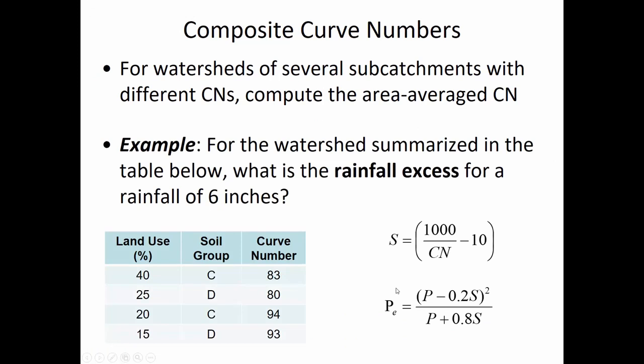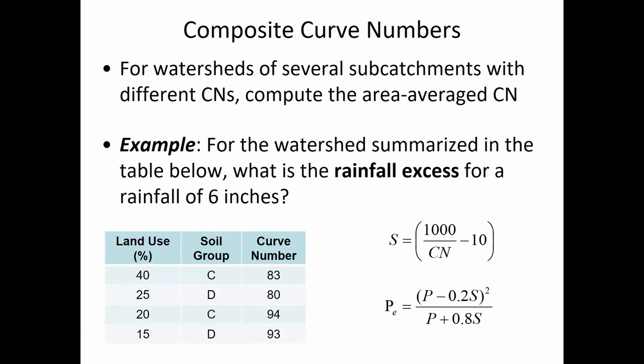Okay, now luckily we can just come up with a simple weighted average to find a composite curve number for a basin. It is that simple. In a field where not everything can be just area weighted, the composite curve number can.